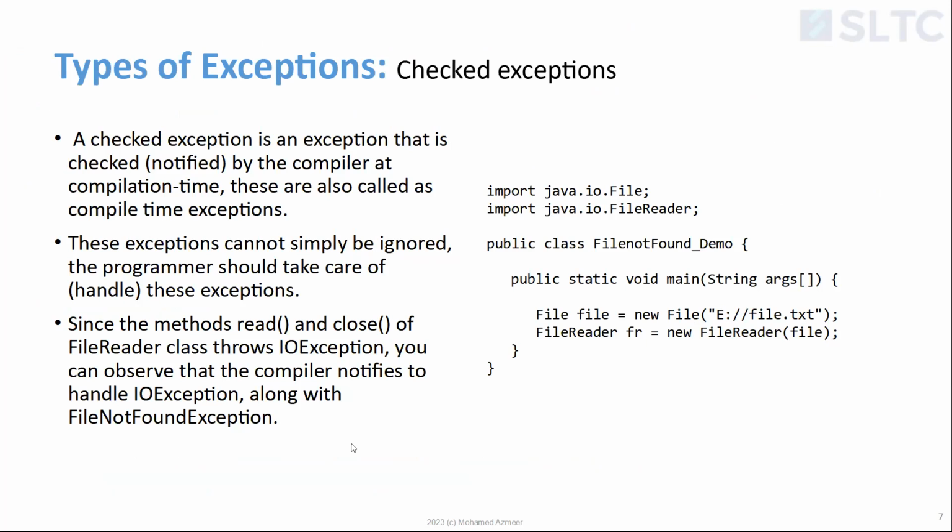So when we try to compile this code, it will not work, right? It will come back with the issue saying, look, there is a problem here. So this is an example of a checked exception.